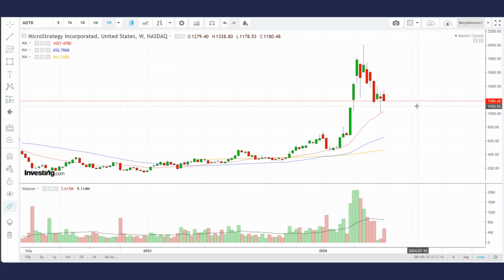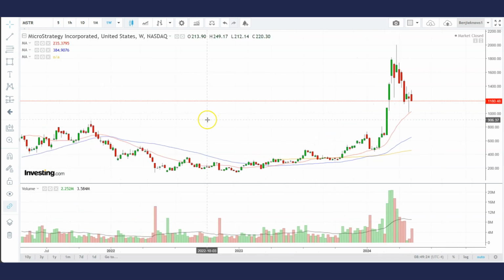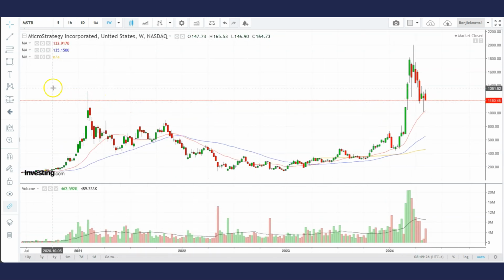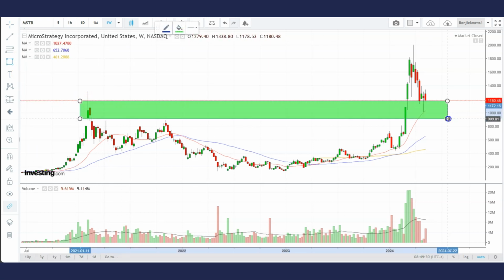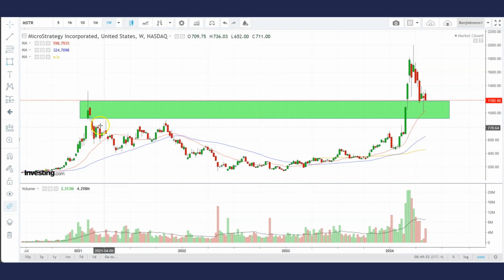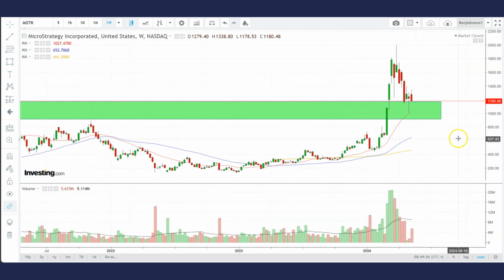Weekly chart, there is a bottoming tail telling us that it wants to bottom. And we are also at the rising 20 MA, which can be a subjective support for the stock. And if you look at the left here, there is a previous high here, and previous high can be a support area as well.